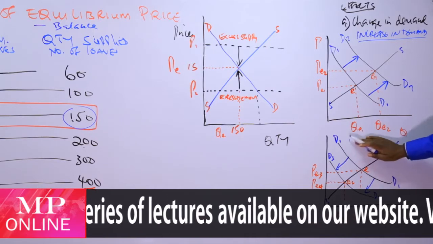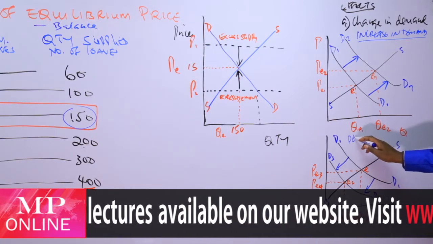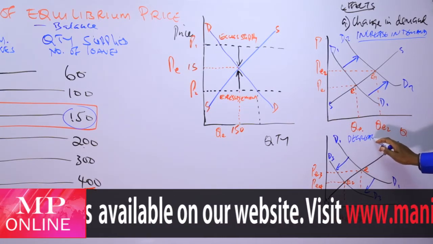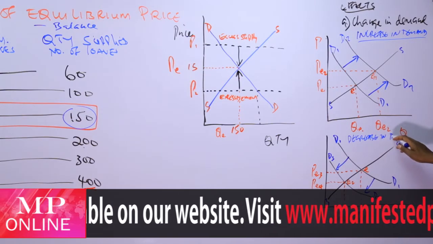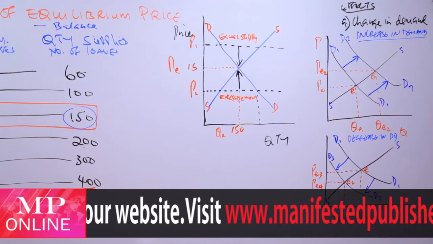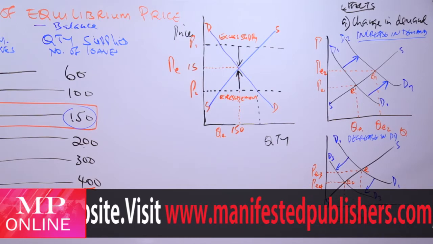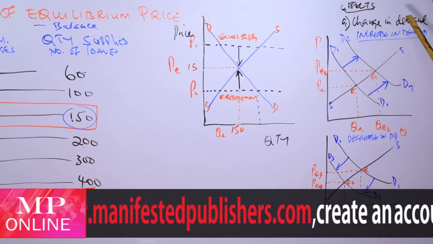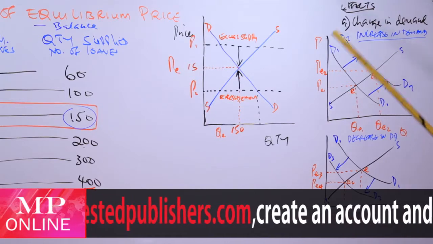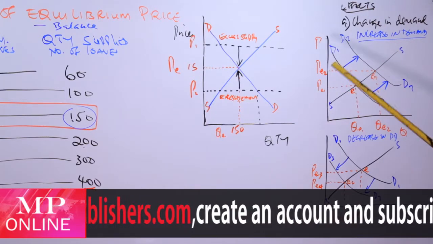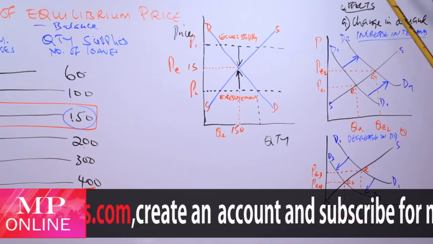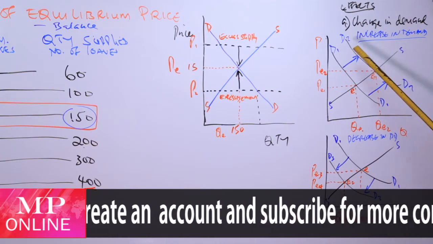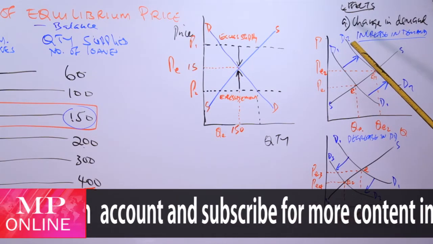This one is showing us the decrease in demand. So that is the effect of change in demand, and the effect of change in demand can either shift the demand curve to the right, or it can shift the demand curve to the left.